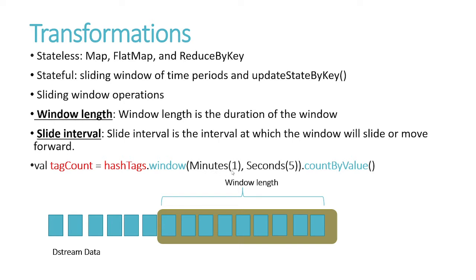We can customize this based on your use case. In this example we have set the window to one minute, and it slides after 5 seconds, so every 5 seconds we get the count. Based on your use case, you need to define this. So this is what stateful and stateless operations and window operations in Spark streaming are.